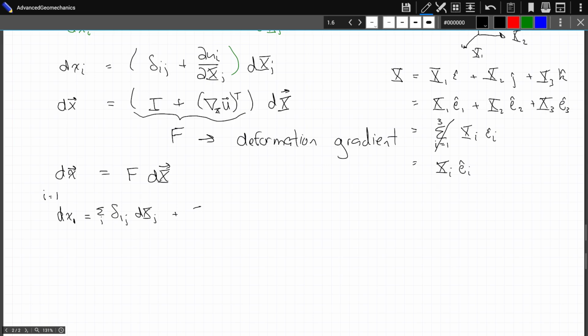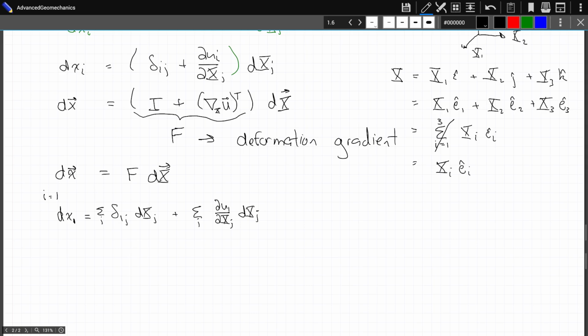Plus, again, there's the sum over j, partial u1 partial xj dxj, right? Now, remember what I said about the Kronecker delta. It's 1 if i equals j, otherwise it's 0, right? So if you look at that first term, only when j is equal to 1 will that term be non-zero.